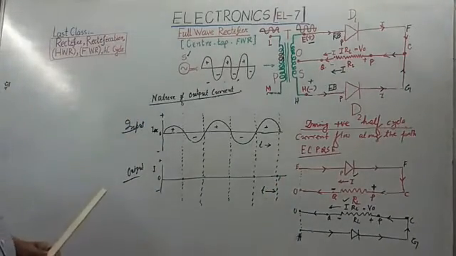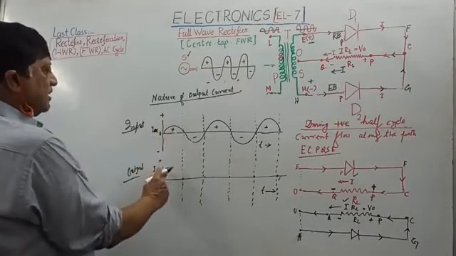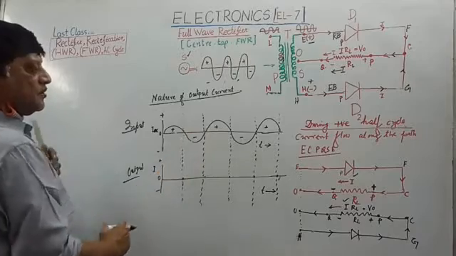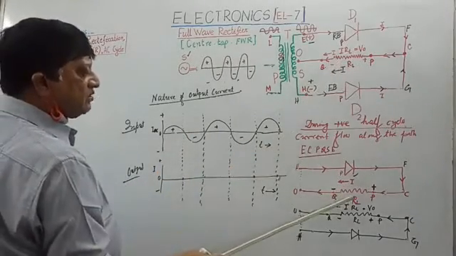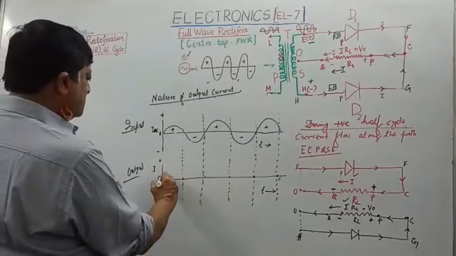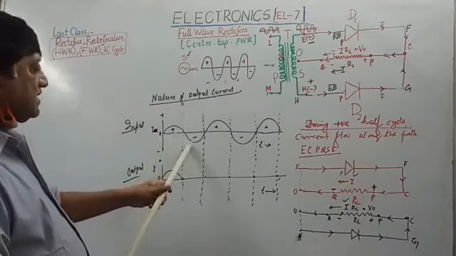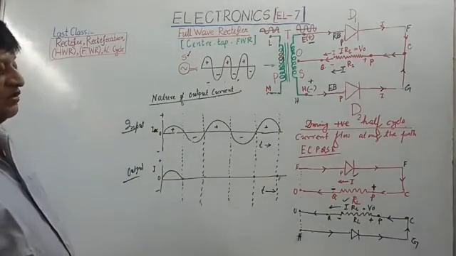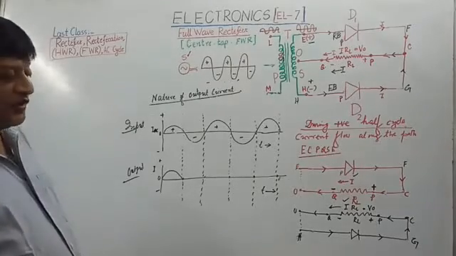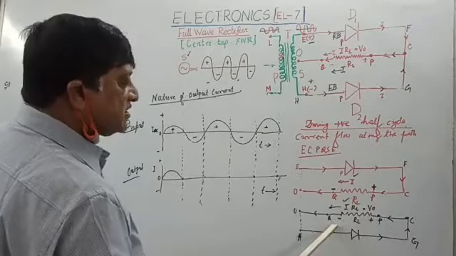There will be no imbalance in the figure. You see, during positive half cycle, you are getting an output. Then you see this is I into RL. You are getting I into RL, and that will be something like this. During negative half cycles, you are also getting the same output I into RL, and more importantly, the potential difference is not changed.